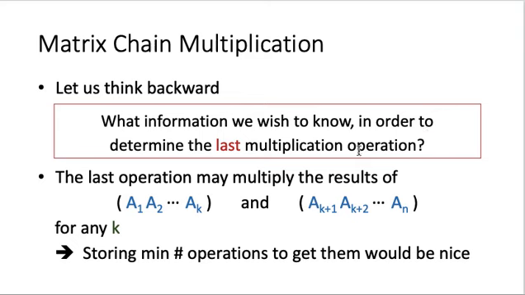Now to help us make the decision, it will be great if somehow we know the minimum number of operations of getting this, and the minimum number of operations of getting that. So in the end, after applying the last multiplication, we know the number of operations of getting the whole multiplication.